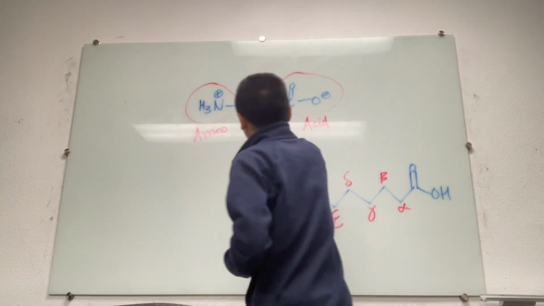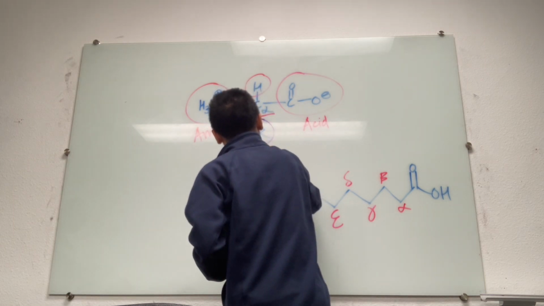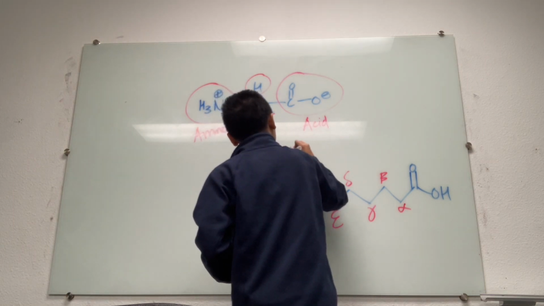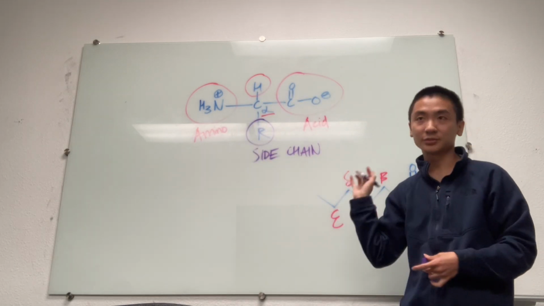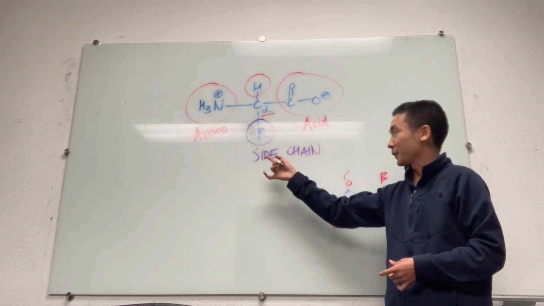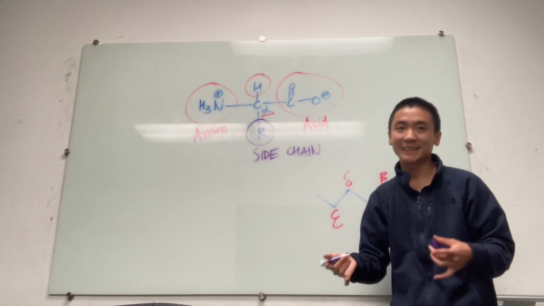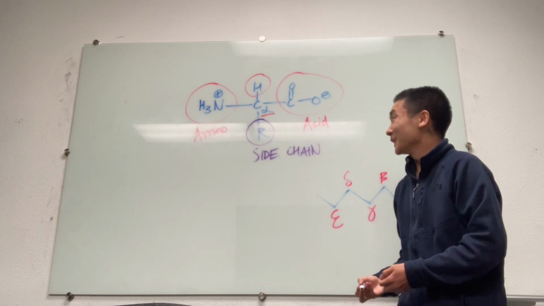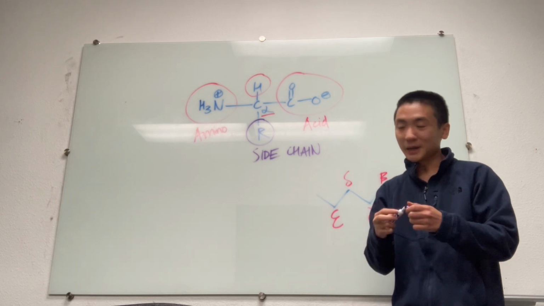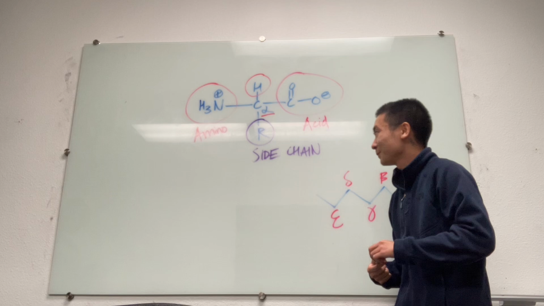But this R group is what we call the side chain, and it's what makes amino acids different. The side chains can have different properties, like what you put in the notes: polar, non-polar, acidic, basic, positively charged, negatively charged, ionizable.